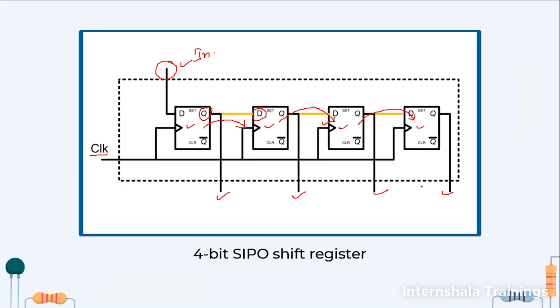So this is how a serial in parallel out register will work. We can also design it in such a way that we take input from this side, which will come to this flip-flop, and then the outputs are transferred from this to this, and in this way. So left shift or right shift, both versions can be designed.